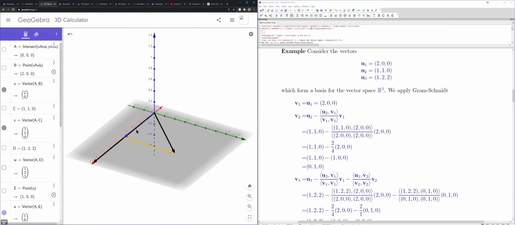Let's look at it this way. This black one over here is U1, and this black one over here is U2. U1 and U2 were not perpendicular to each other.